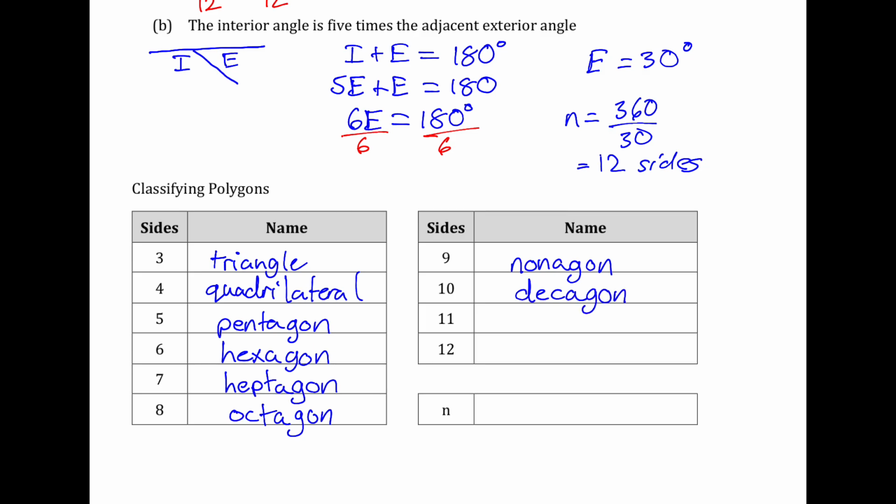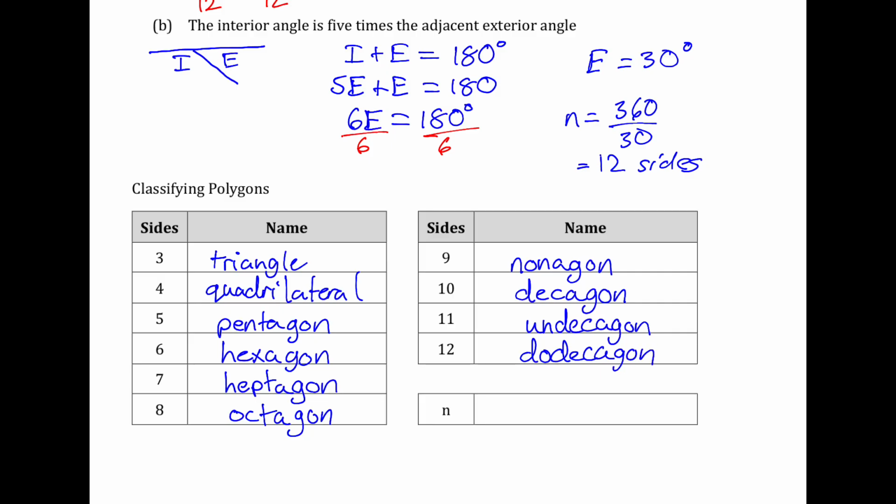Now this one's going to be a little tricky. Does anyone know 11? It's not an 11agon, which would be easier. It's not terribly exciting. It is an undecagon. That's it.